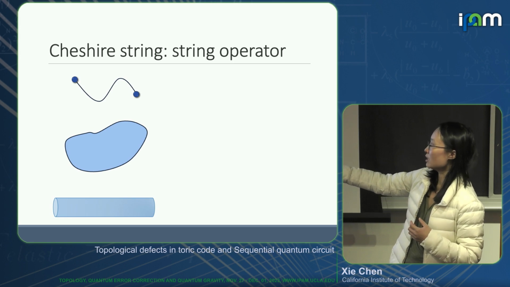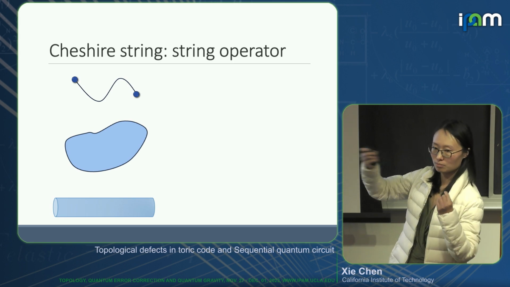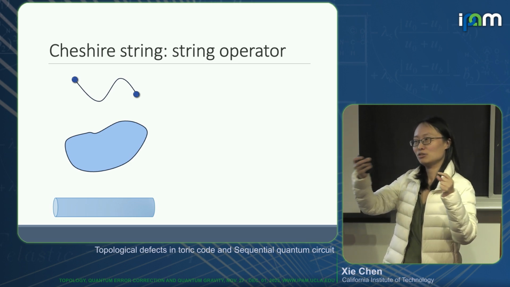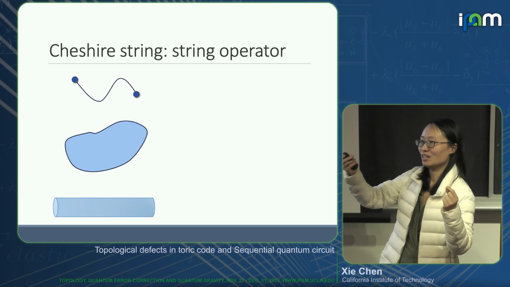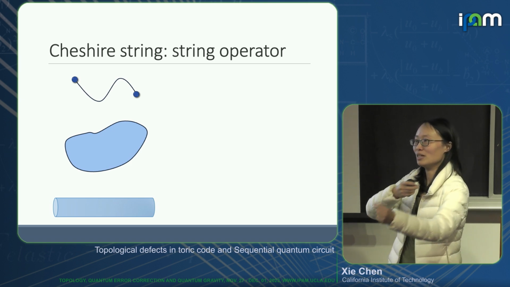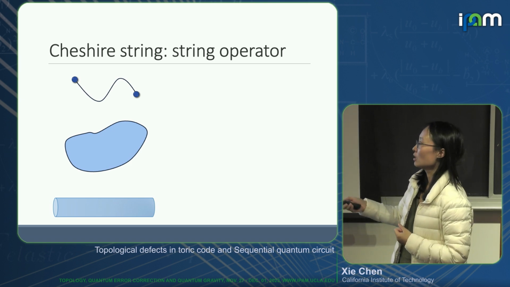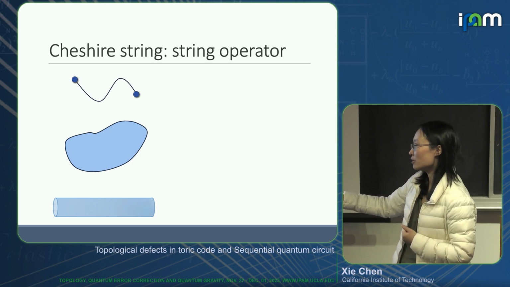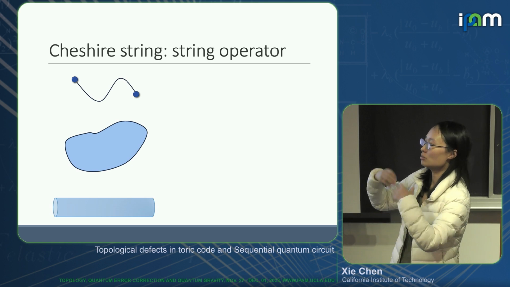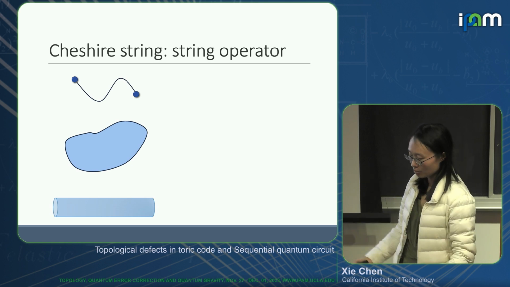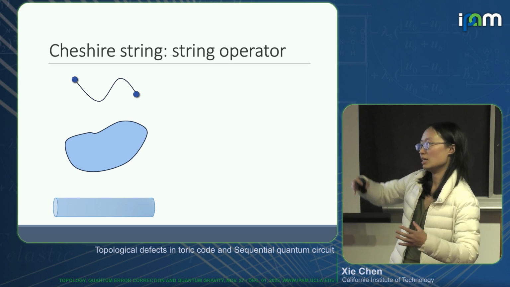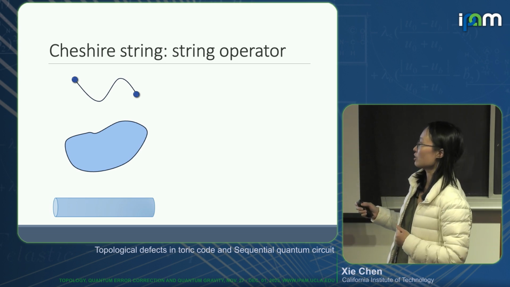Usually when we talk about, let's say, anyons or point excitations, we talk about the string operator to generate a pair of anyons and to separate them and to move them and to braid them, right? And for the flux loop excitation, we talk about the membrane operator that's used to generate these flux excitations, that can also move them and braid them, etc.